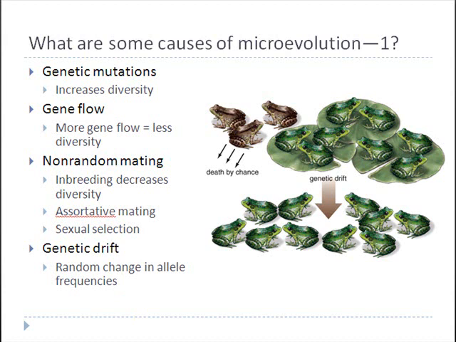So let's talk for a minute about some mechanisms by which this evolution on a population scale can occur. One very common way in which microevolution can occur is through genetic mutations.